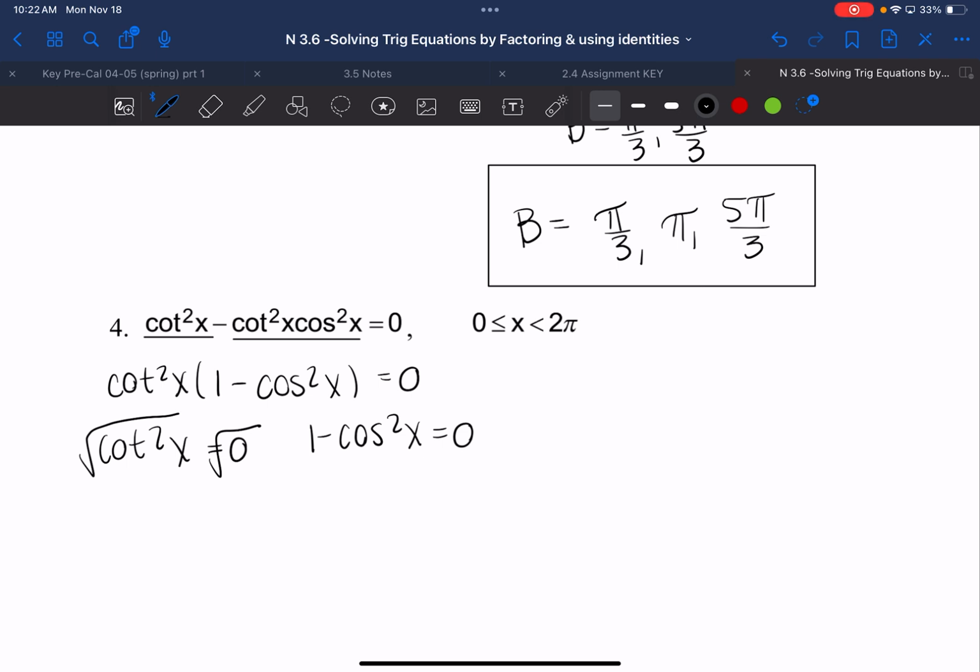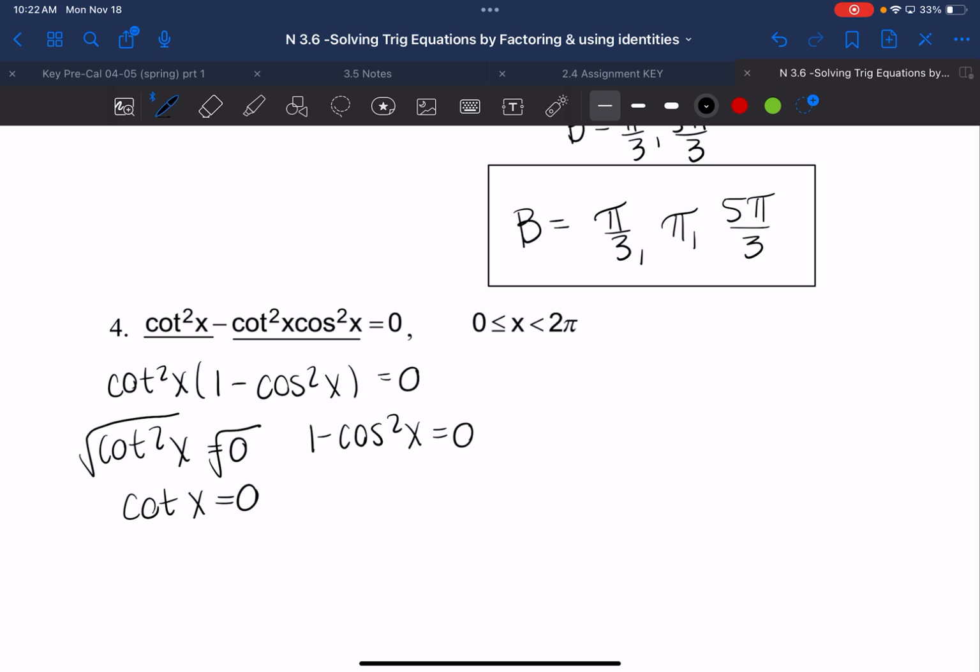Because if I asked you what square root of 9 is, you might tell me 3, because 3 squared is 9. But what's negative 3 squared? Also 9, right? So we have to consider that it could have been positive or negative. Now in this case, is there a positive and a negative 0? No. So it is truly just asking what is cotangent of 0.